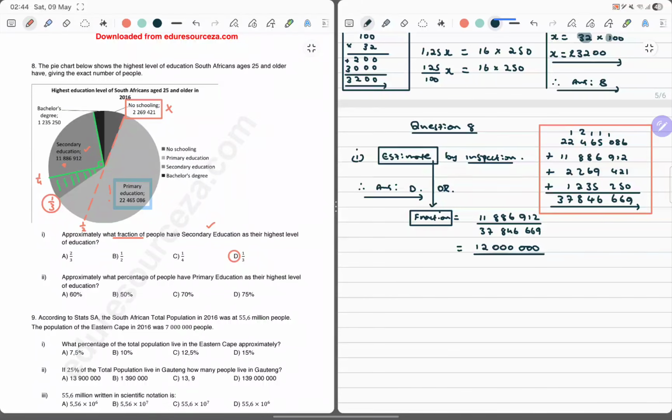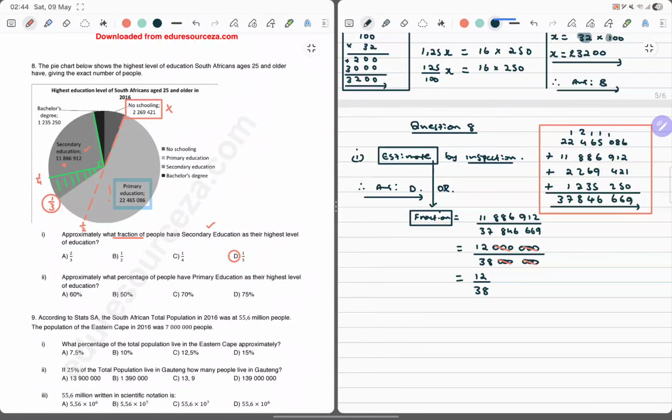Now let's divide this and say 37,800,000. It's almost 38 million, right? So you do this, guys. Try to look at what is the nearest, so that we can do things. So we get an estimation of 12 over 38.